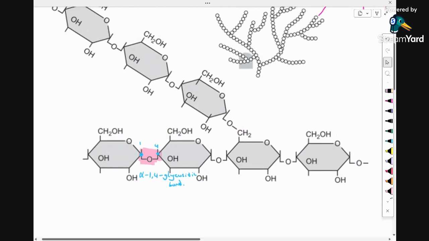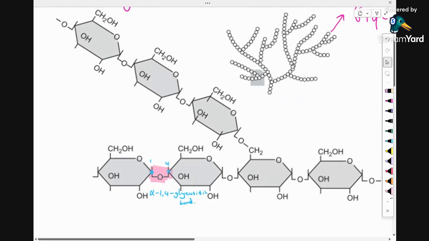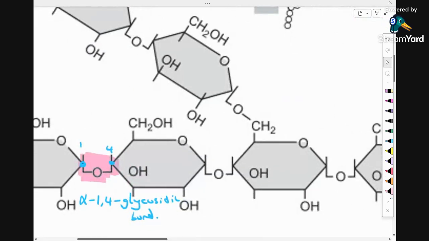But in glycogen, there are enzymes that allow this to happen, where we can not only link between the 1 and the 4 carbons, we can link between the 1 here, carbon 1, and if we count the carbons round in green here, that's carbon 1, 2, 3, 4, 5, 6. This carbon here is carbon 6. Therefore, this glycosidic bond, it's not an alpha 1,4, it's an alpha 1,6 glycosidic bond.